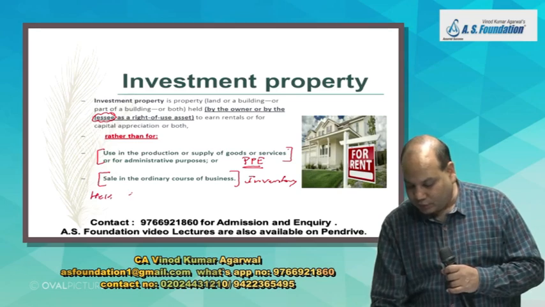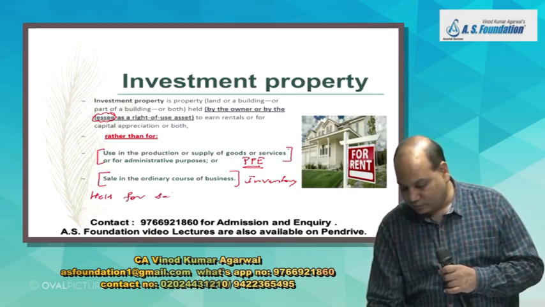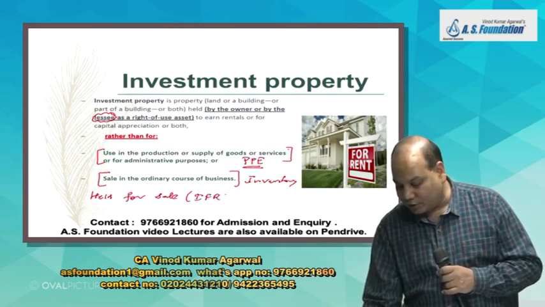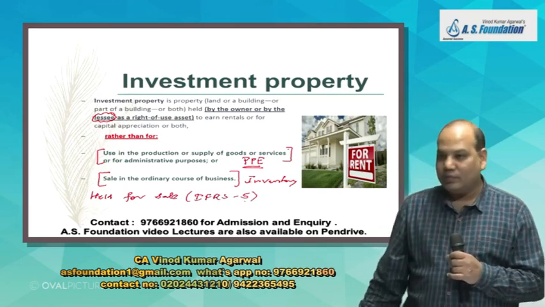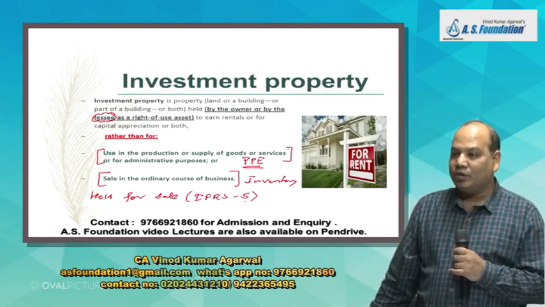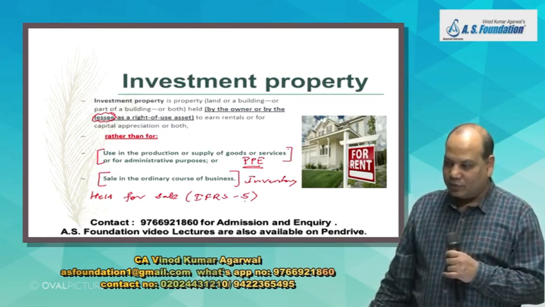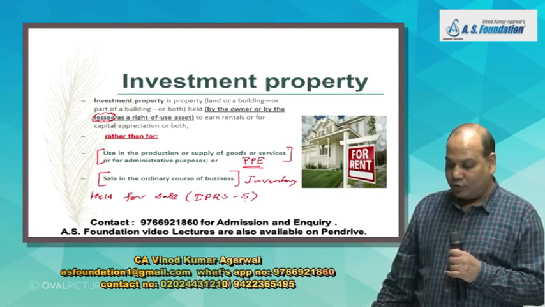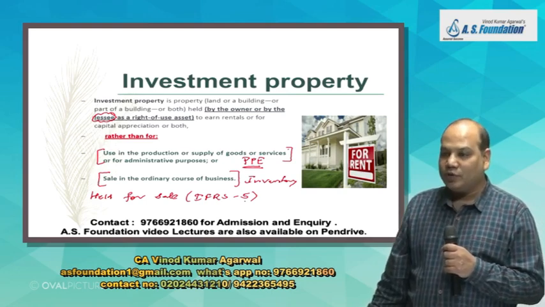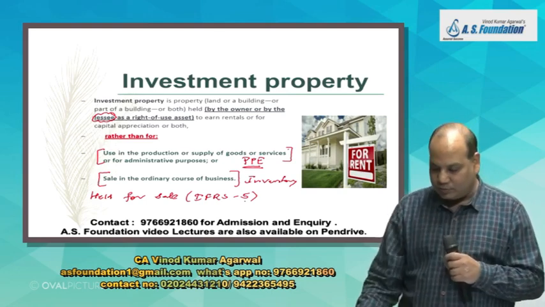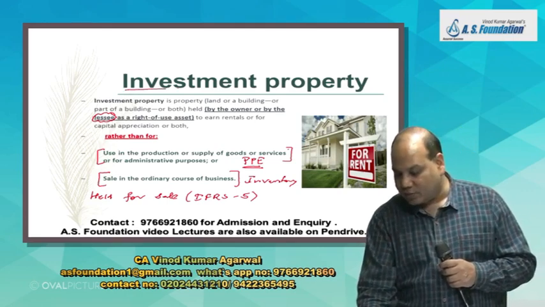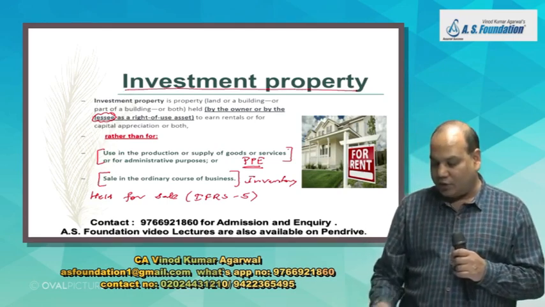If it is held for sale after fulfilling the requirement of IFRS 5, then we'll apply IFRS 5. What is IFRS 5? Non-current asset held for sale and discontinued operation. So there is some similarity between this standard and IFRS 5.